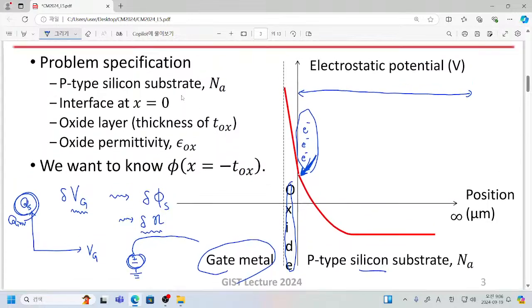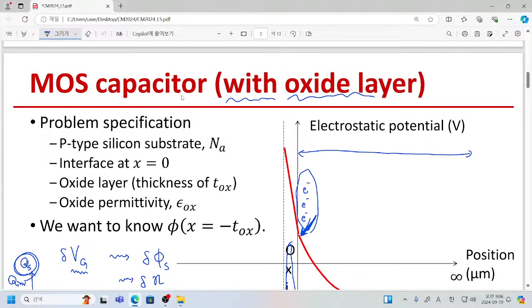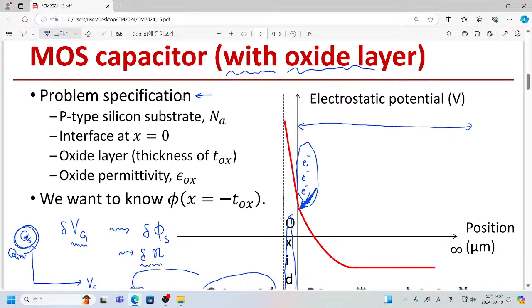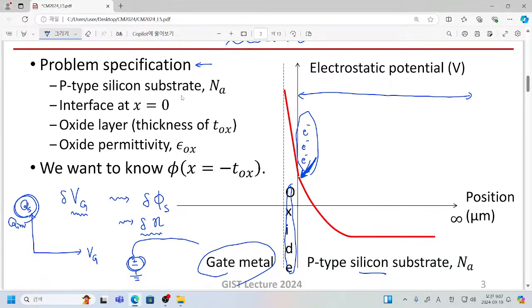Now let me repeat the problem specification. It is quite similar to the previous one, but a little different with this oxide layer. The P-type silicon substrate is regarded as homogeneously doped with a constant Na.